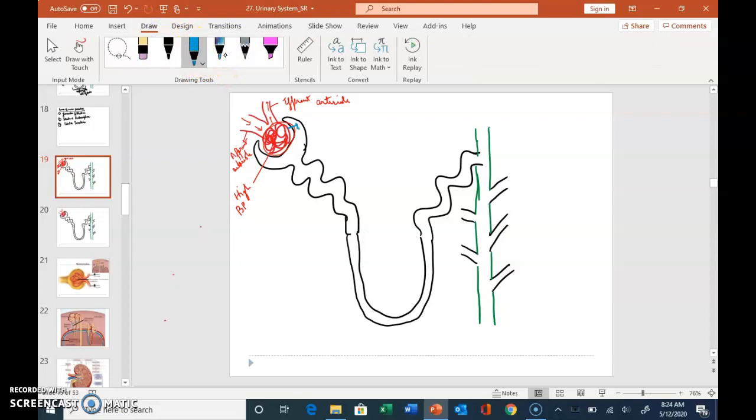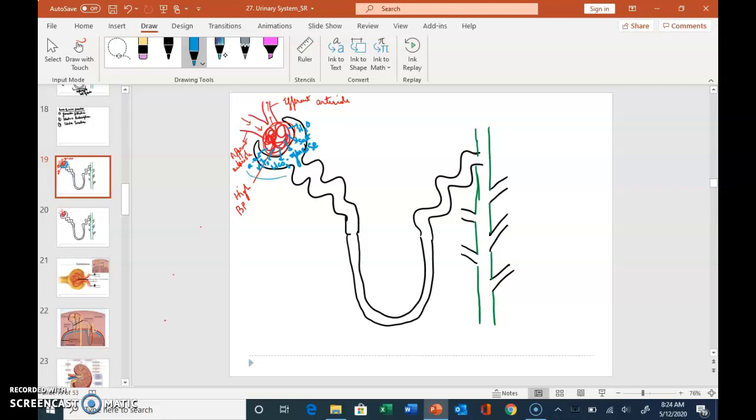We have water, H2O, salt, then glucose, bicarbonate, vitamins, then there will be amino acids. It's hard to draw, it's so tiny. All these things are filtered out of the blood into the glomerular space.